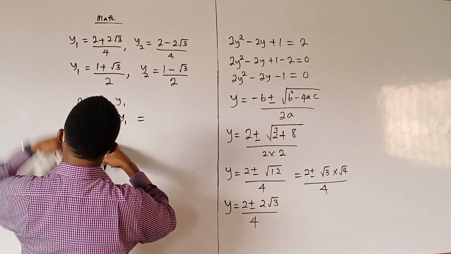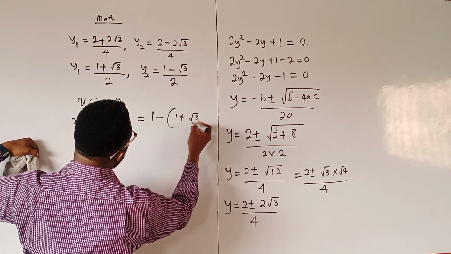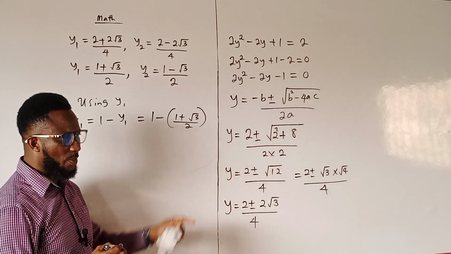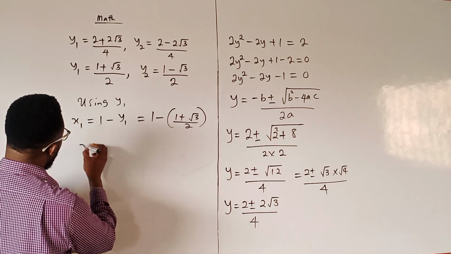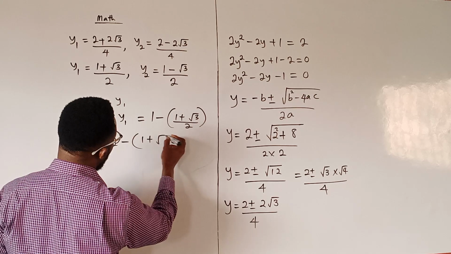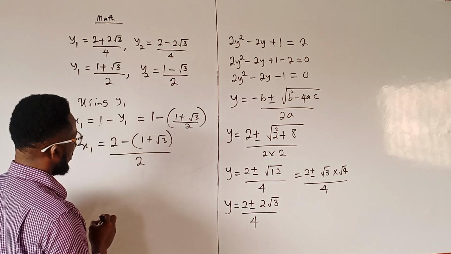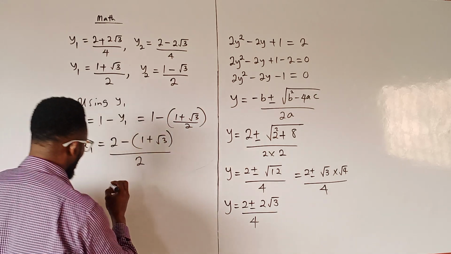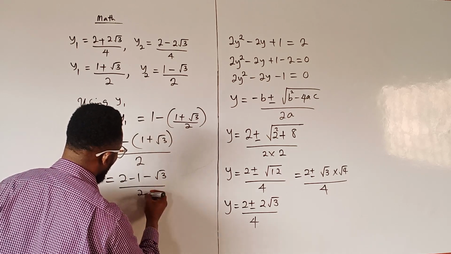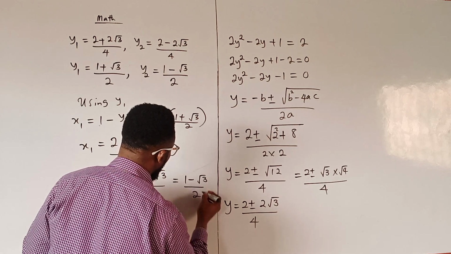So, and y, I'm using y1, it will now be 1 minus (1 plus rad 3 upon 2). Okay, everything here is in the parentheses. So this is going to be, x1 will be 2 multiplied by 1, which is 2, minus (1 plus rad 3), everything upon 2. If I open this parenthesis with the negative sign, it's going to give me 2 minus 1 minus rad 3, everything upon 2, which is equal to 1 minus rad 3 upon 2.